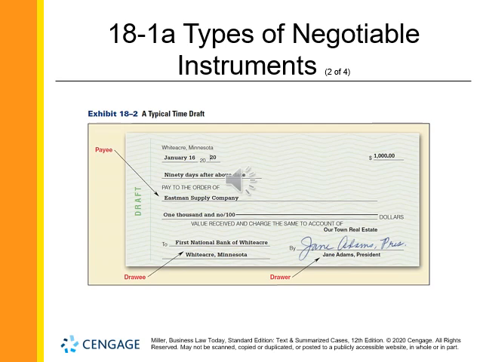There is a sum certain listed on this time draft, $1,000. There is a drawer's signature, the president of the company that is issuing the draft, Our Team Real Estate. And we also have listed the drawee, the First National Bank of Whitaker, Minnesota.